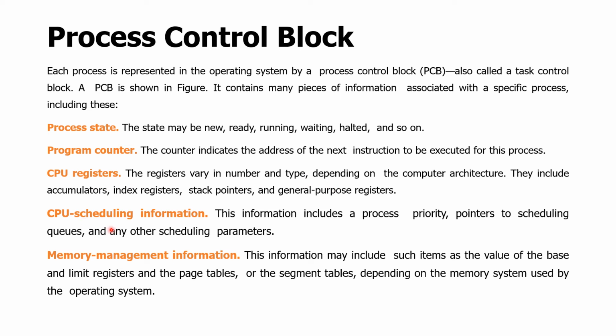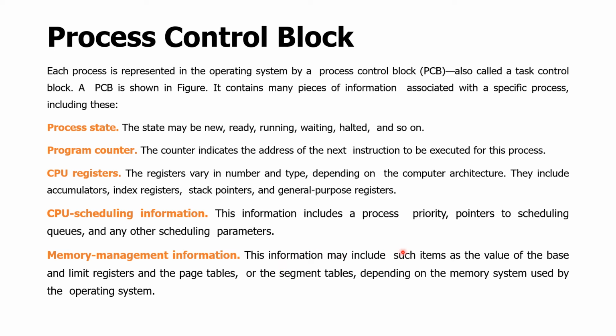The next information the PCB holds is CPU scheduling information. It holds the priority of a process, pointers to the scheduling queues, and other scheduling related parameters. The next one is memory management information.